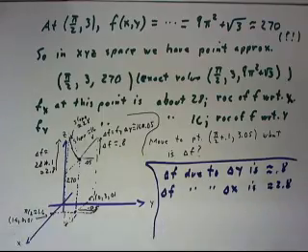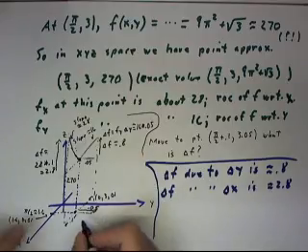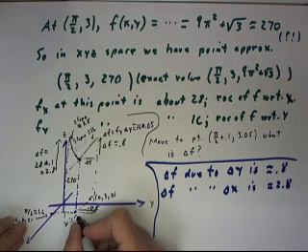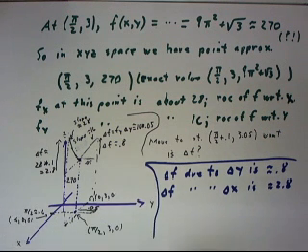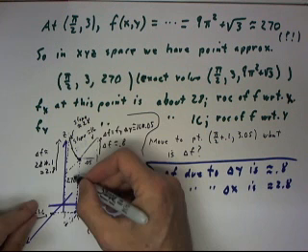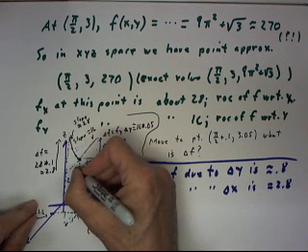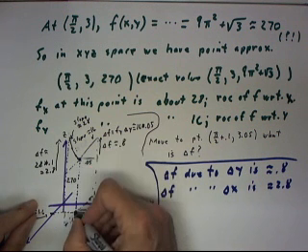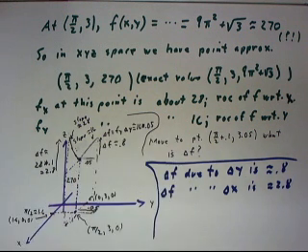Giving rise to this picture where we start at the point, let's clarify this, this would be our point pi over 2, 3, 0. We get a function value of 270, which is the distance from the xy plane up to the graph point.